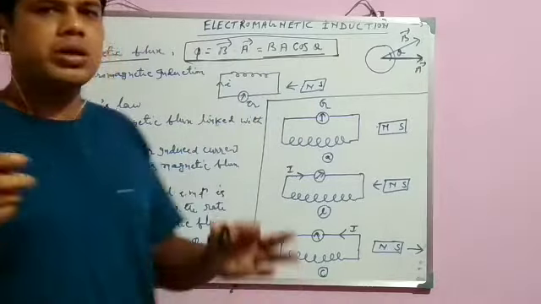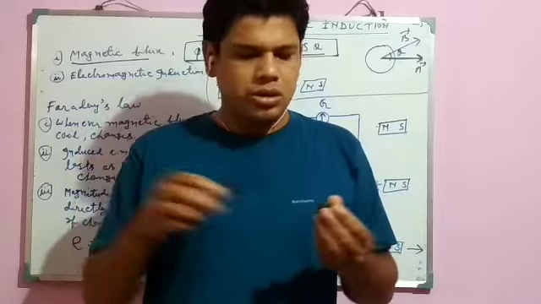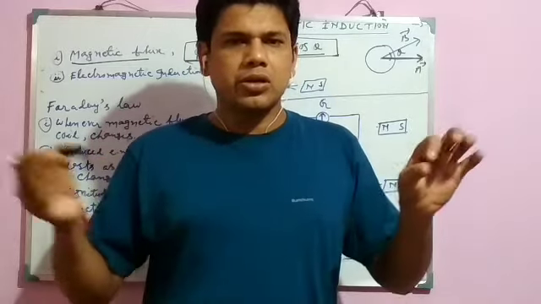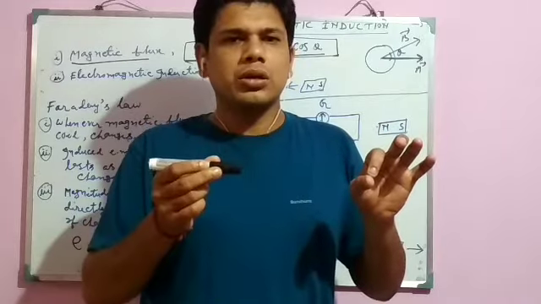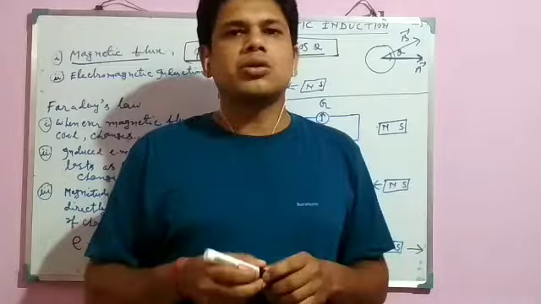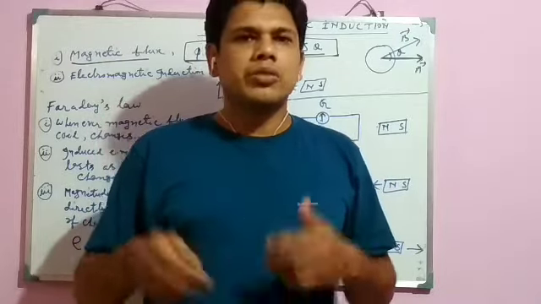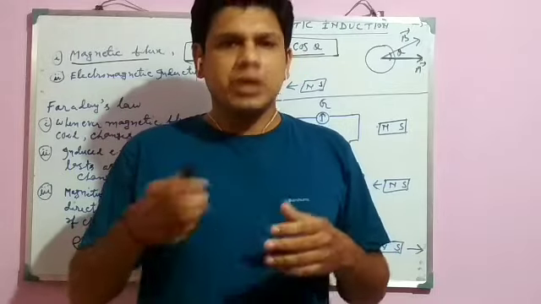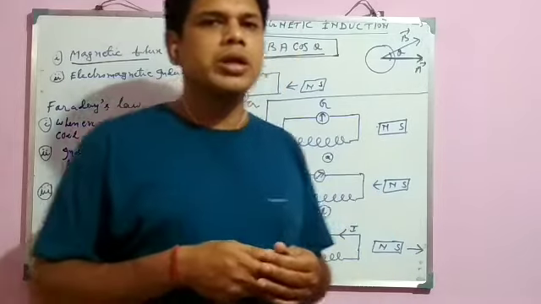We know the galvanometer only detects the flow of current. So whenever we move a bar magnet very close to the closed coil, current is produced. That current is called induced current, and as we know current is produced due to EMF, the produced EMF is called induced EMF.